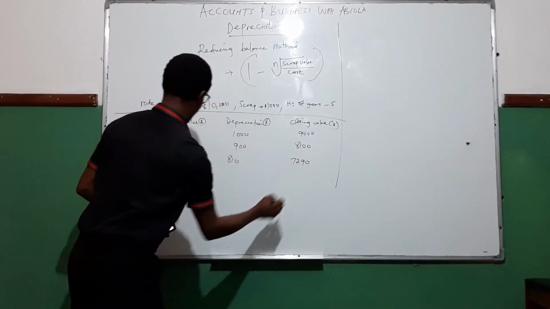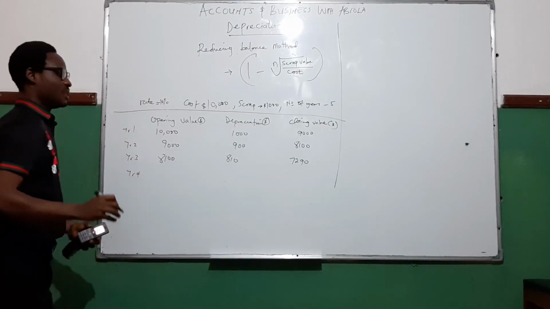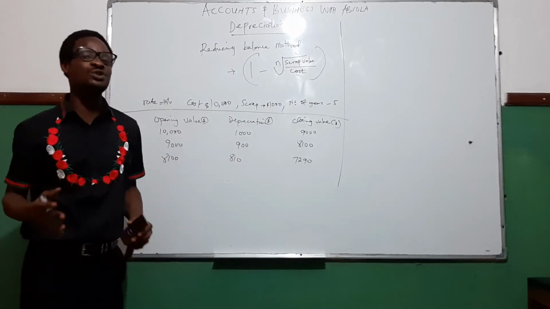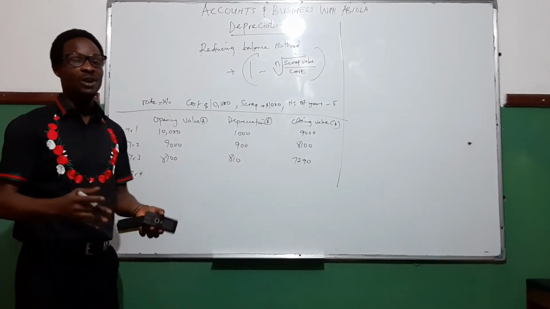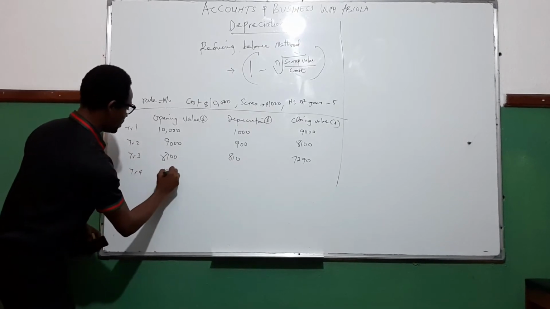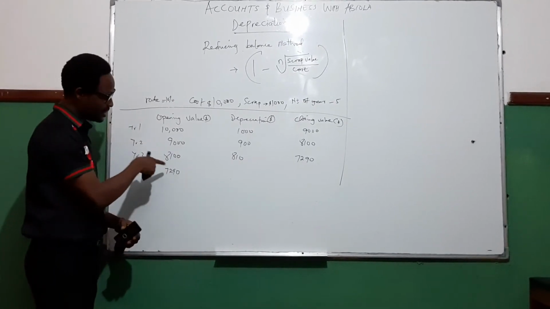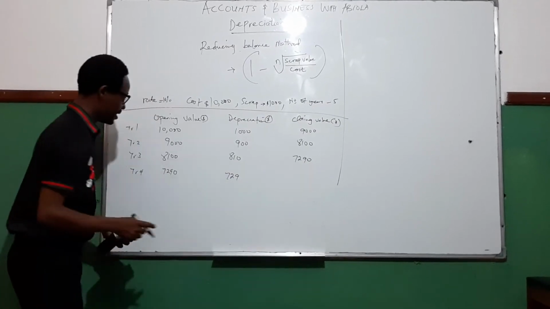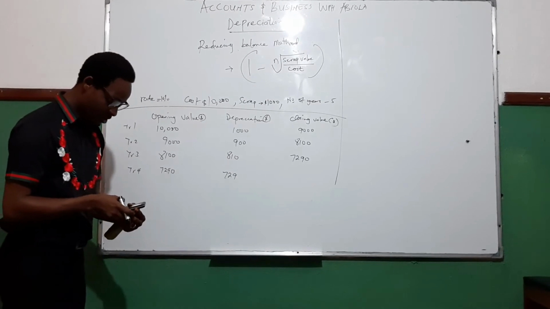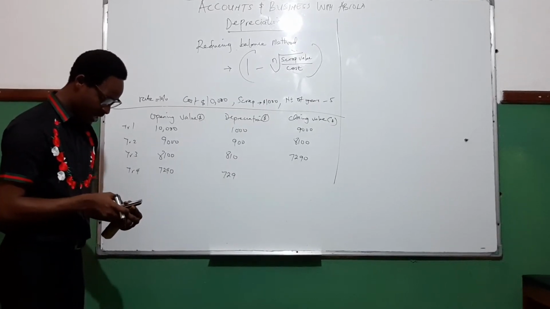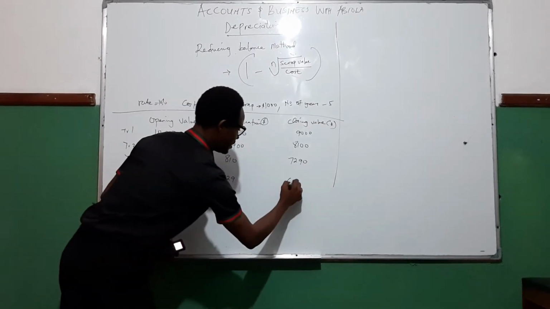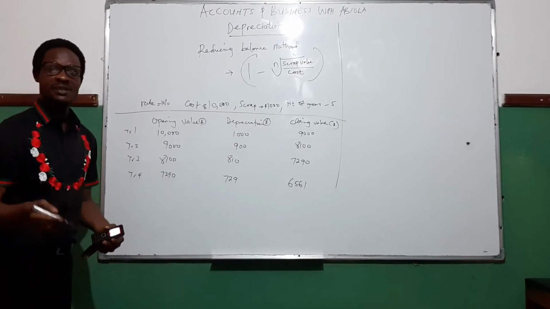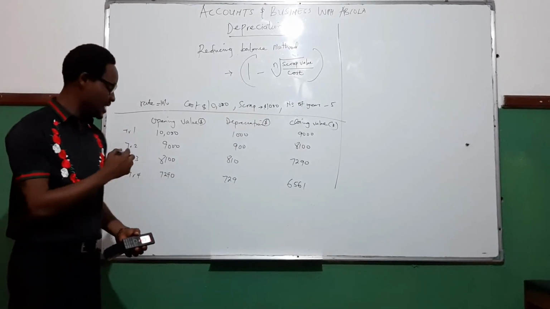Then in year 4, the value at the beginning of year 4, that is the value the asset has reduced to after 3 years, is 7,290. So 10% of this is 729, and 7,290 minus 729 is 6,561. That is the value at the end of year 4, which is the same as the value at the beginning of year 5.